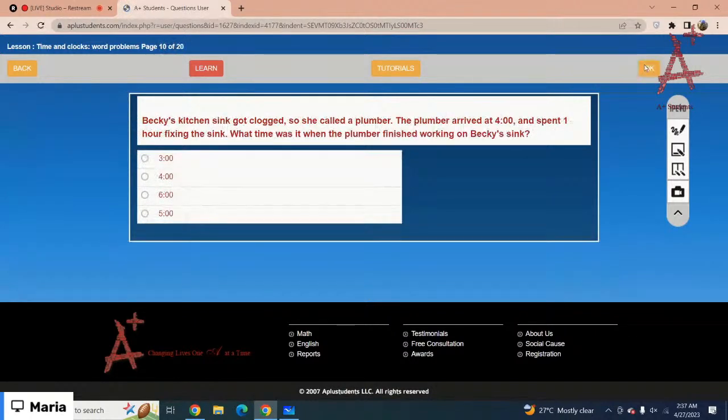Okay, Becky's kitchen sink got clogged, so she called a plumber. The plumber arrived at 4 and spent 1 hour fixing it. What time was it when the plumber finished working on Becky's sink? Which is the correct option?